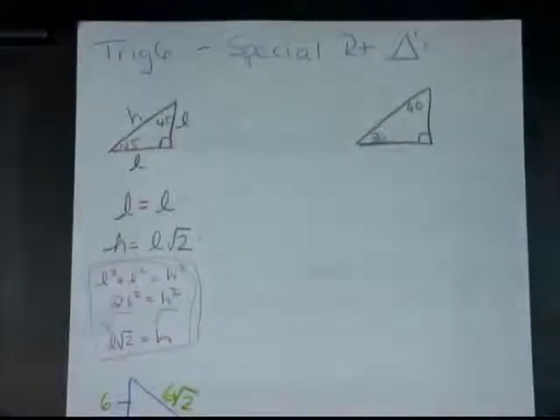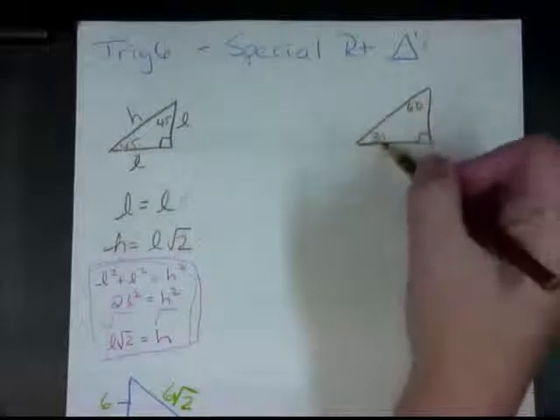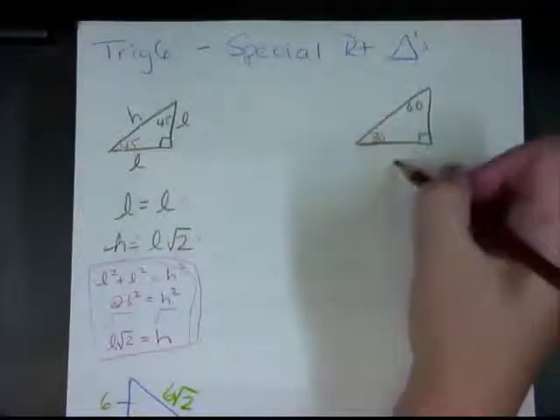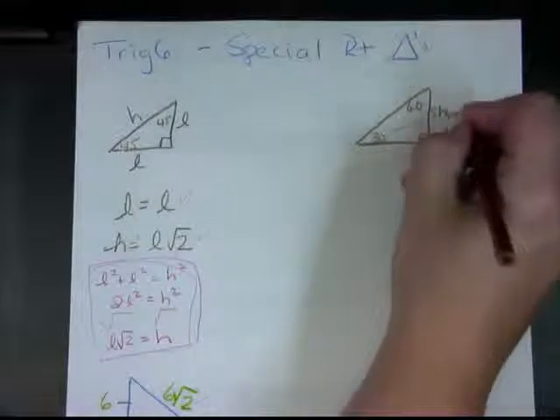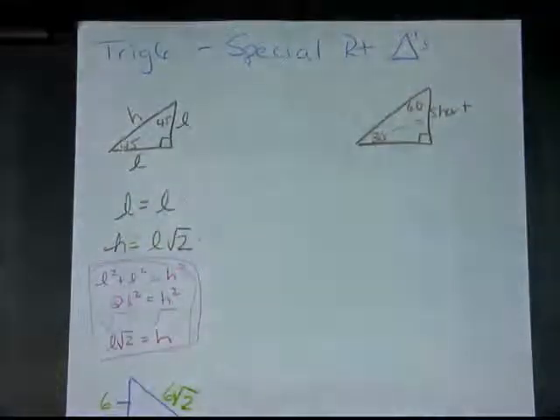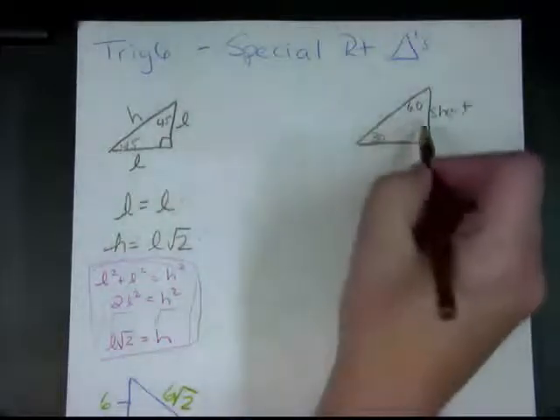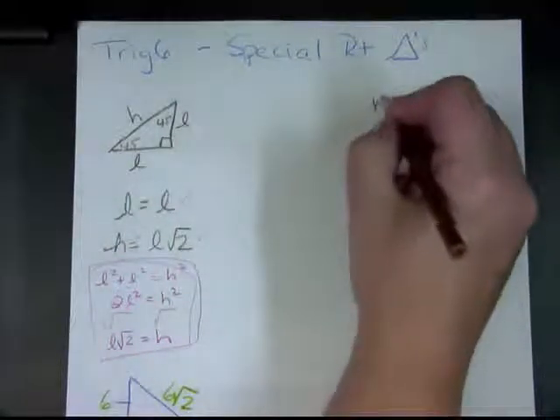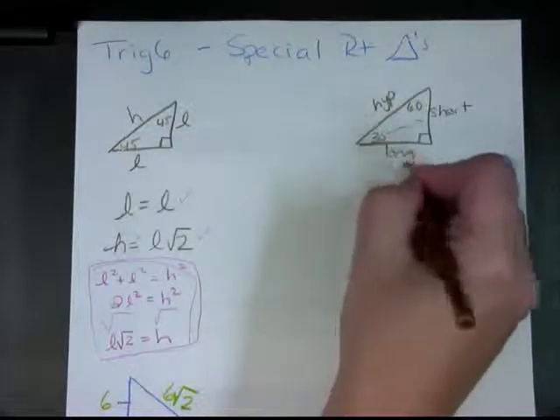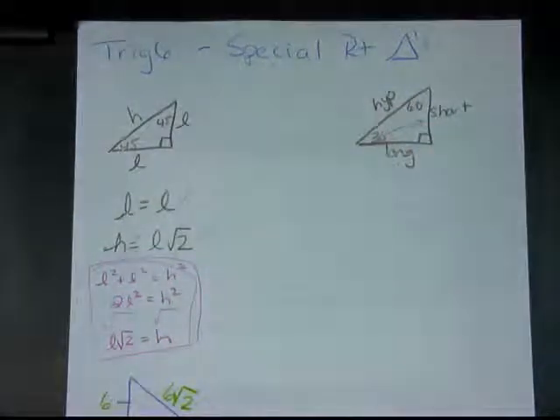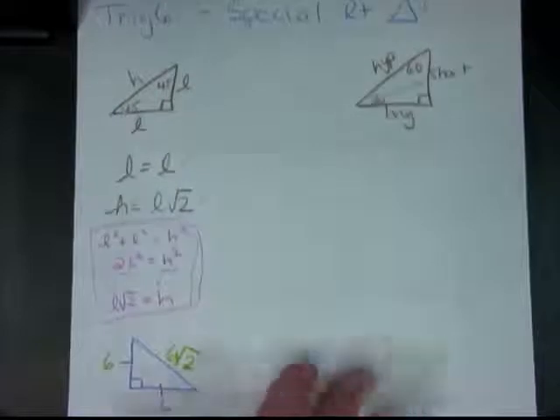All right, so on a 30, 60, 90 triangle, they're not the same, but the sides are related. 30 is considered to be across from the short side because the short side always has the smallest angle, or the smallest side, smallest angle. Across from the 90 is always the hypotenuse, and so that we make 60 the long side. All right.